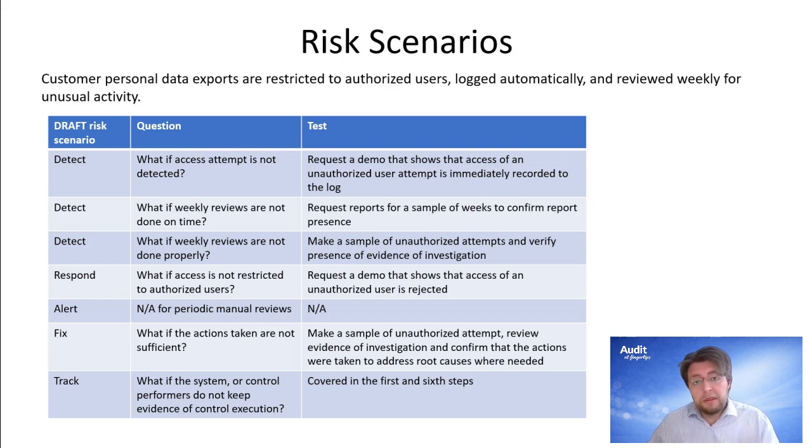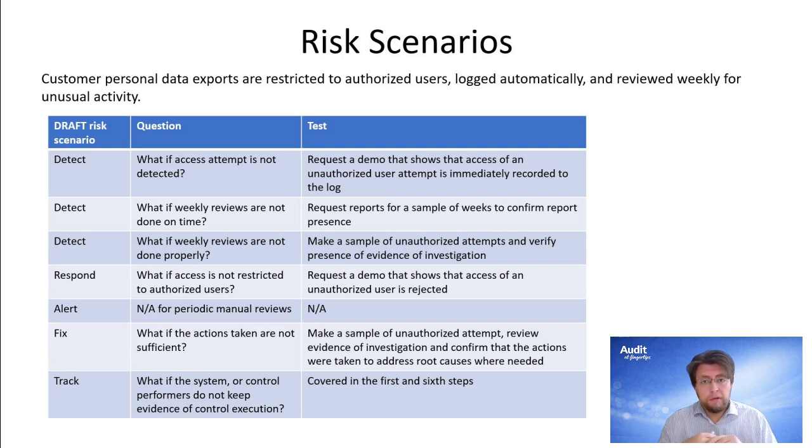And of course, if this is external threat, probably some additional controls around access should be implemented. And of course, tracking. The system should maintain the logs. The system should allow reviewers to access those logs, and reviewers should leave the evidence of those reviews, and we also need to see how those issues were investigated.